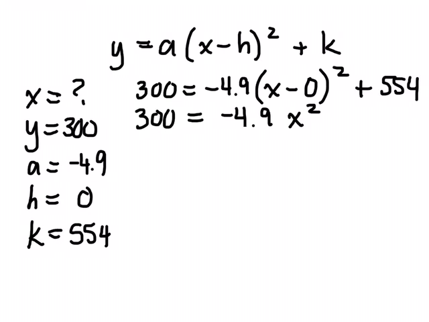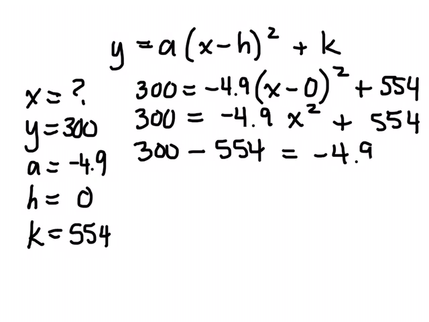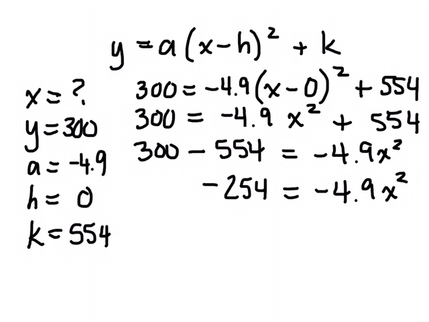So I have negative 4.9 x squared plus 554. So it becomes 300 take away 554 equals negative 4.9 x squared. What's 300 take away 554? Good. Negative 254 is equal to negative 4.9 x squared.